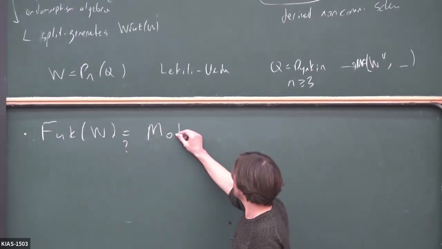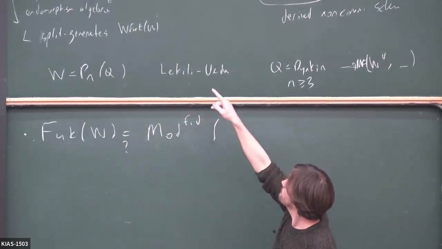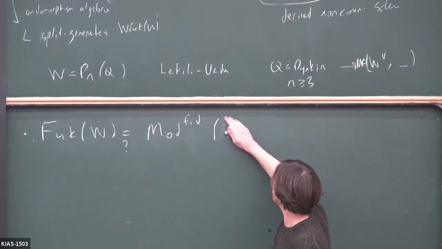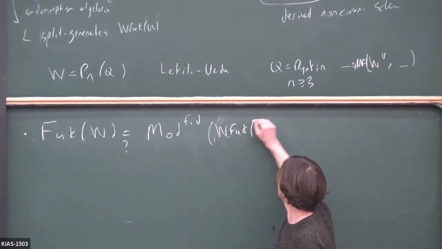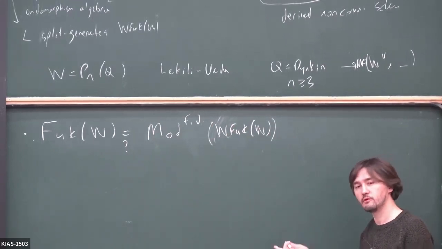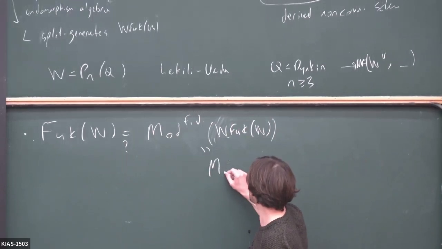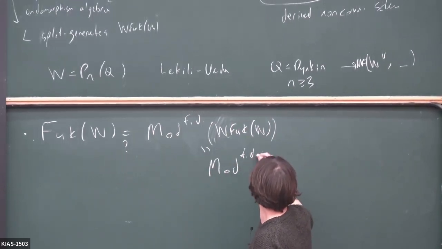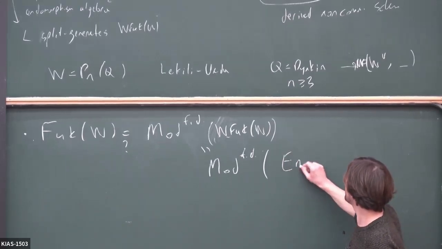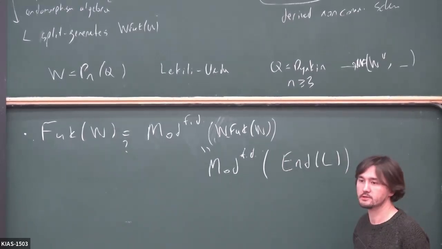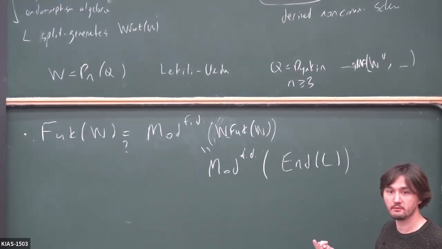The compact category is finite dimensional modules over that endomorphism algebra. Or let's first say the rough category. You have a rough category, then it's finite dimensional modules over that, which is equivalent to finite dimensional modules over the endomorphism algebra of L. So if you have that, that will be good.